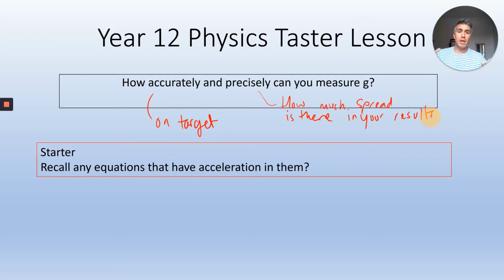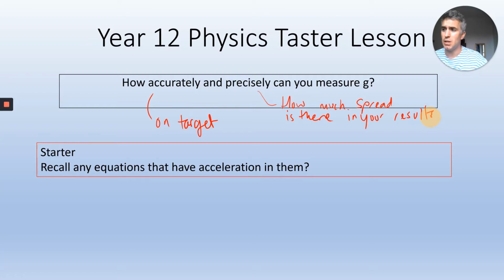Basically, if we get 9.81 once, which is brilliant, but if the next time we get 27, that's not brilliant. That makes our results very imprecise. So precise is how close your results are together, and accurate is how close they are to the accepted value.